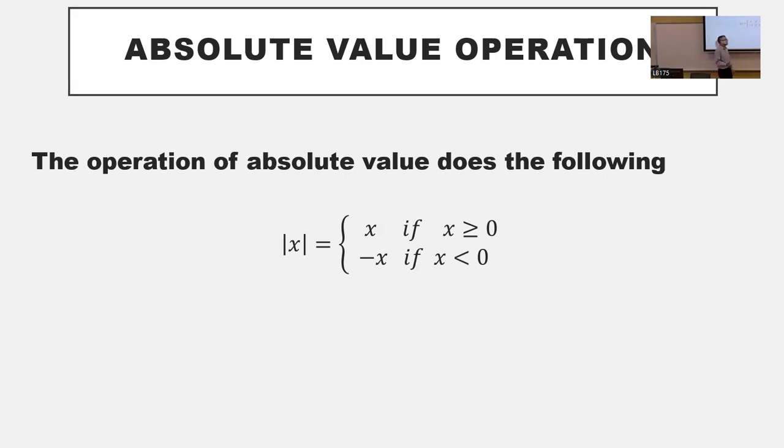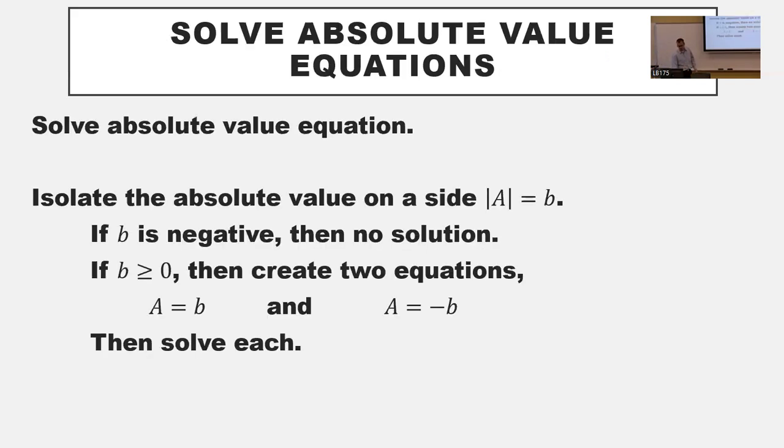For that reason, the absolute value function can be written as a piecewise defined function with two outputs, one for positive inputs, one for negative inputs. That's going to be important when we go to solve absolute value equations.